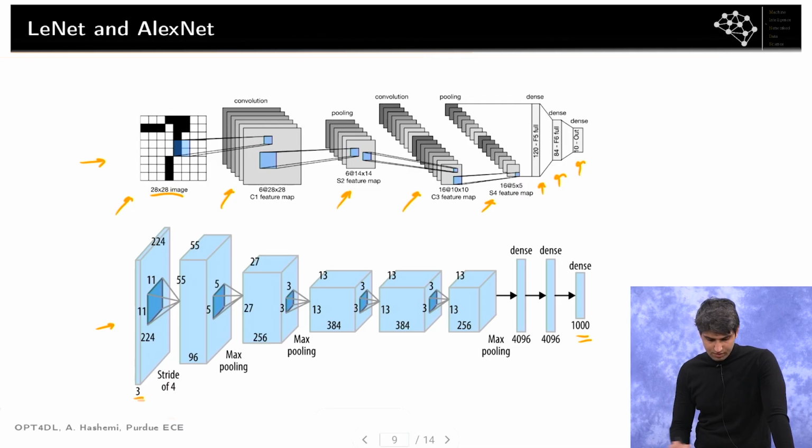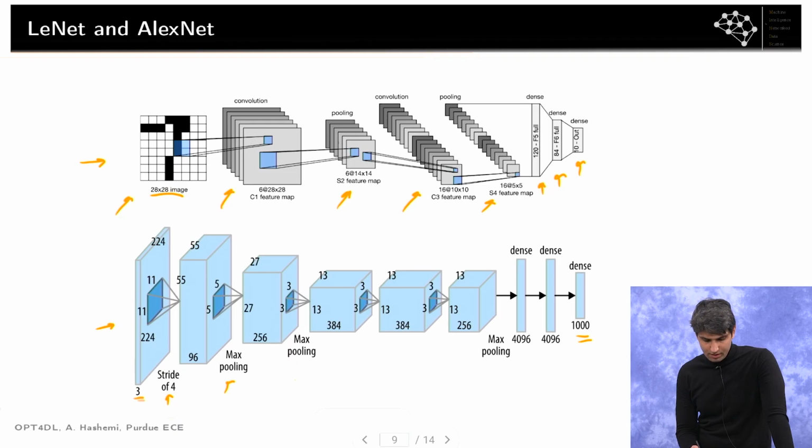Okay, so what's AlexNet? Again, it performs CNN, so convolutional filters with max pooling. We have a stride of 4 here. And as you can see, we gradually reduce the size of the image as we progress. The first CNN layer is followed by max pooling.